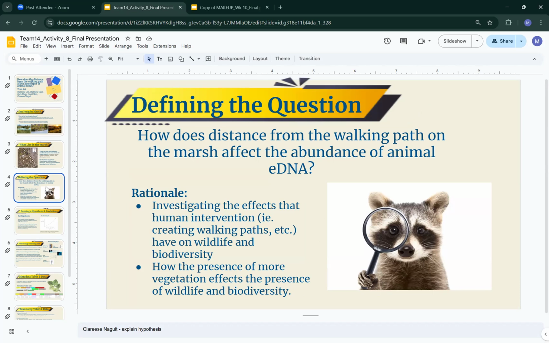Our reasoning is to investigate the effects that human intervention, creating walking paths, etc., have on wildlife and biodiversity, and how the presence of more vegetation affects the presence of wildlife and biodiversity. So pretty much, how does human intervention change the abundance of animals and sightings and stuff like that.